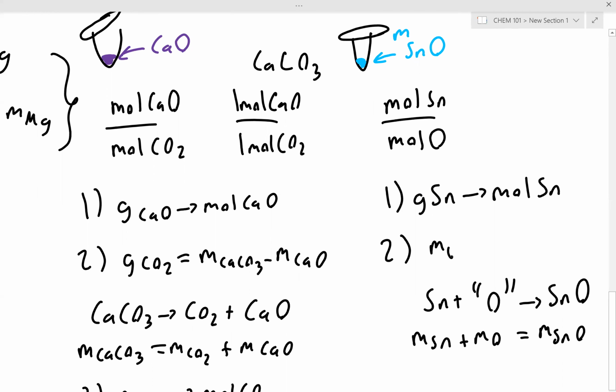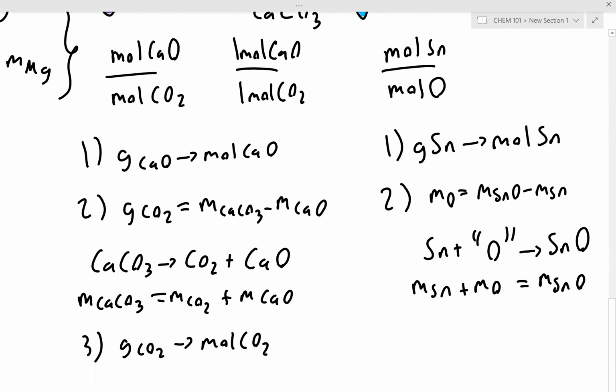So then we know that the mass of oxygen is equal to the mass of tin oxide minus the mass of tin. And then finally, we can go from the mass of oxygen to the moles of oxygen, right? Mass to moles using the molar mass. That's pretty well established. If you need any help with that, I'm more than willing to help walk you through the calculations on your exact data set.